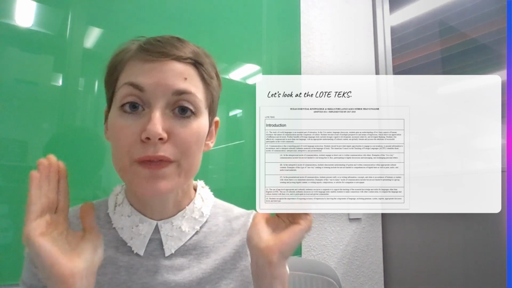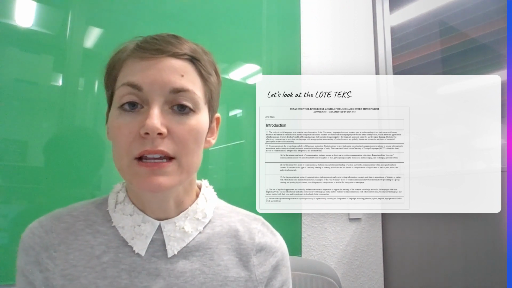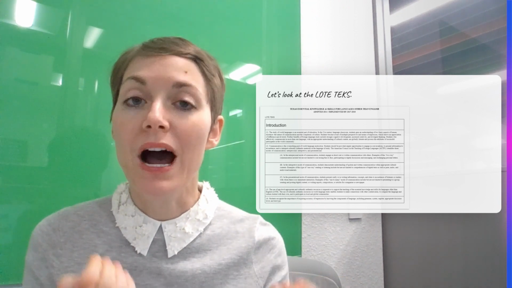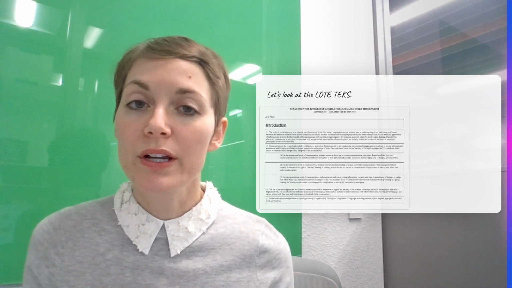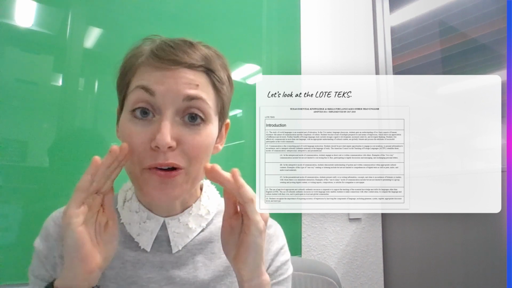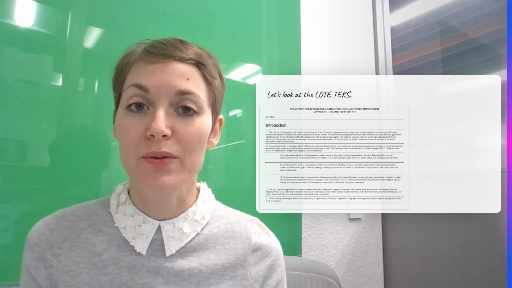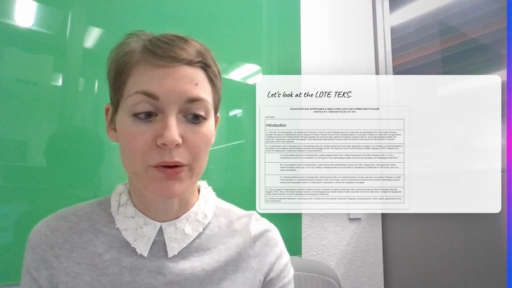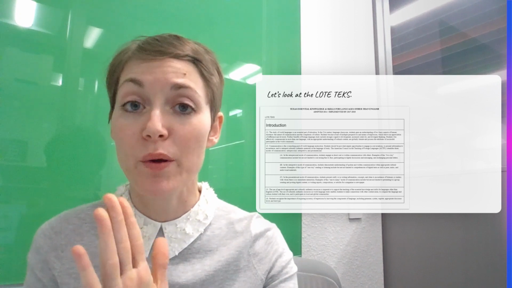On the first page or section of the TEKS, we're going to see the introduction, which is the rationale behind why world language education is important. We're also going to see the goal of world language education in paragraph 2, which is communication. The goal is that kids use the language to communicate with other people. That's the first page of the TEKS. Definitely should read it. Don't skip over it.